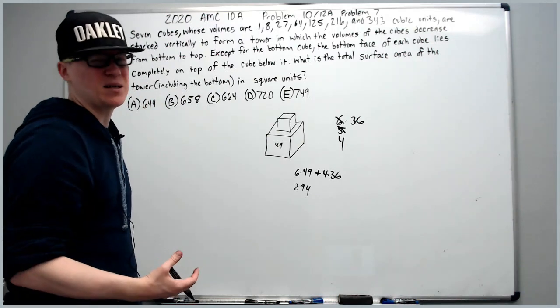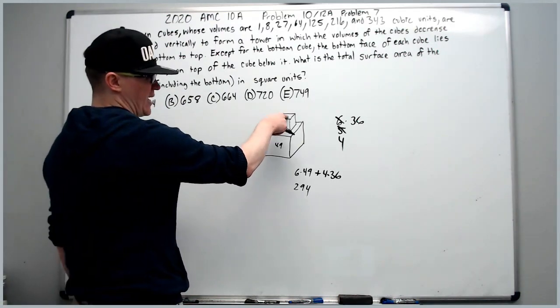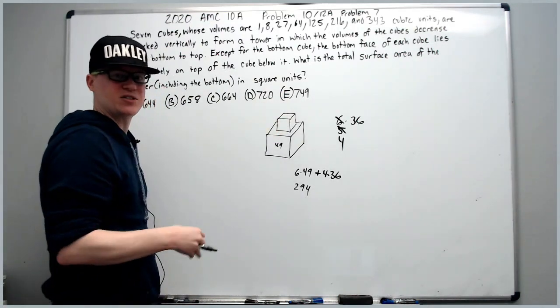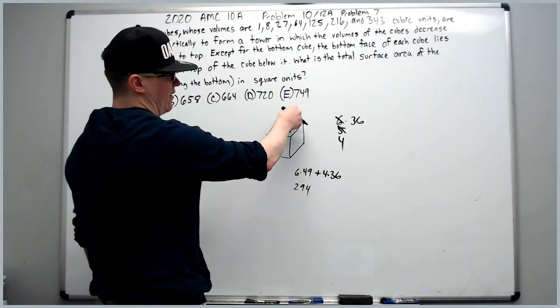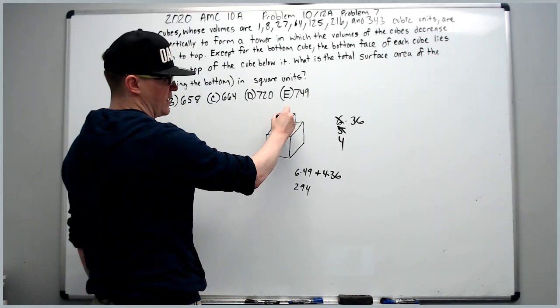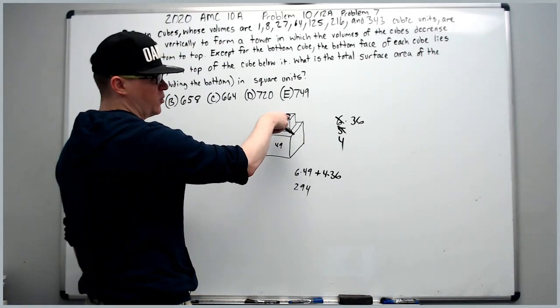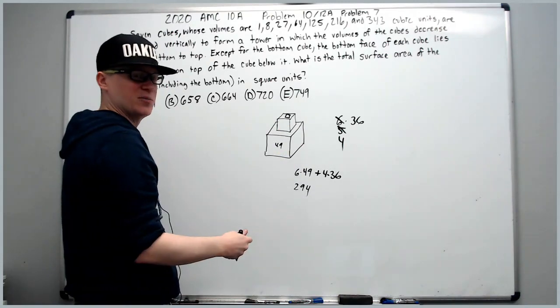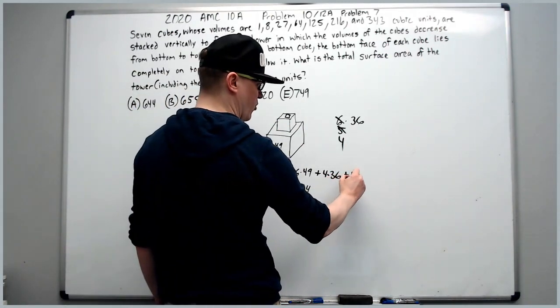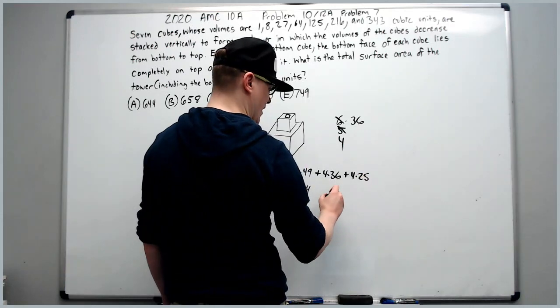The problem basically breaks open from here. You simply have to consider that all of the cubes as you go up are going to have this same problem. So when I put the 5 by 5 by 5 cube on here, it will cover an equal space on it as well as on the cube below it, the 6 cube. So we can just add 4 times 25. We'll just do this.